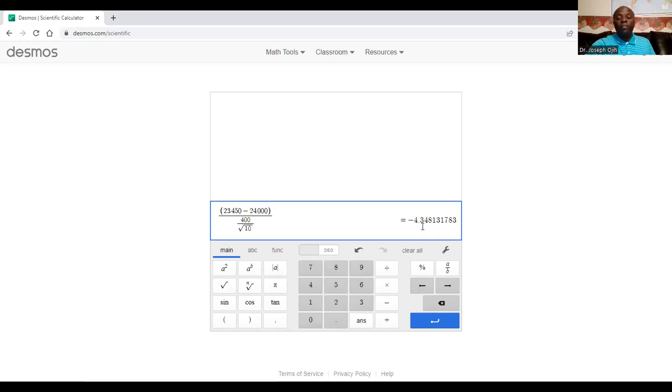Negative 4.35. Actually, negative 4.348131783, but approximately it's negative 4.35. So let me write it down. Negative 4.35.